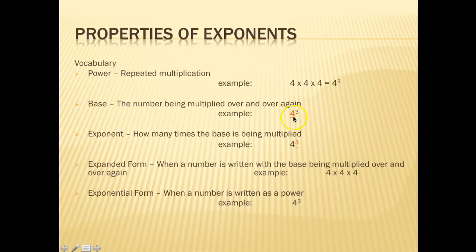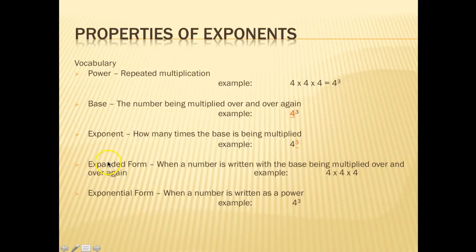The base is the big number. That tells you the number that is being multiplied over and over again. The exponent is the small number raised to the right, and that tells you how many times that base is being multiplied. And when those two numbers come together, it's called the power.